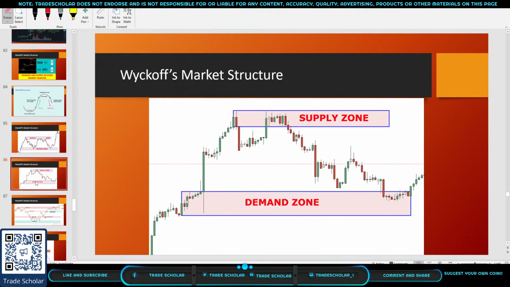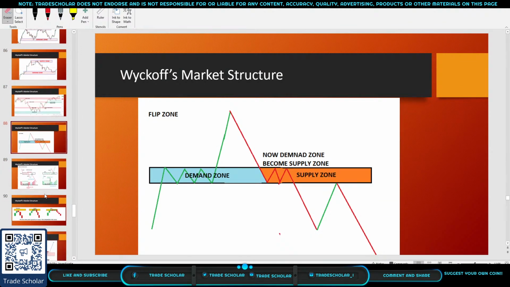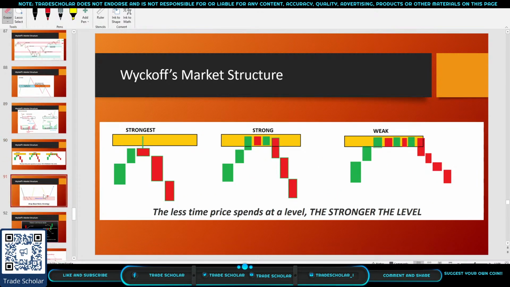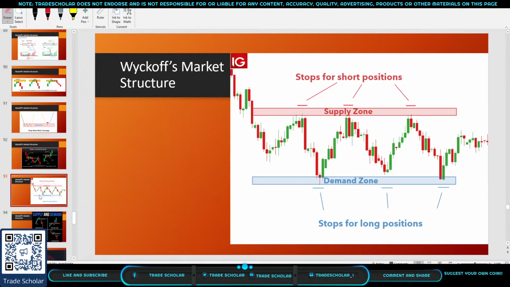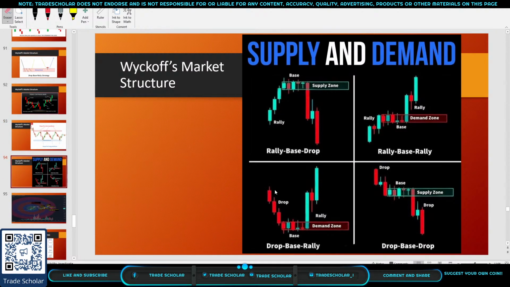That's supply and demand, and you can surely make money with less emotional problems. Stop loss for supply zone. I have explained this. I know we were in the base drop, so I know we're gonna make money, and we did.